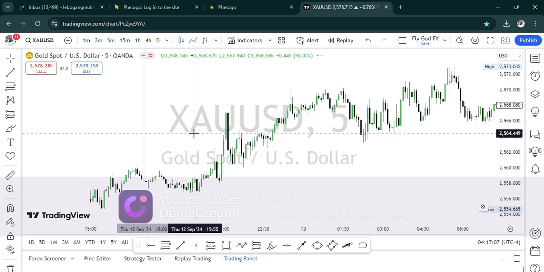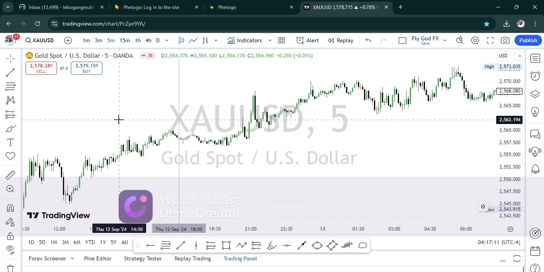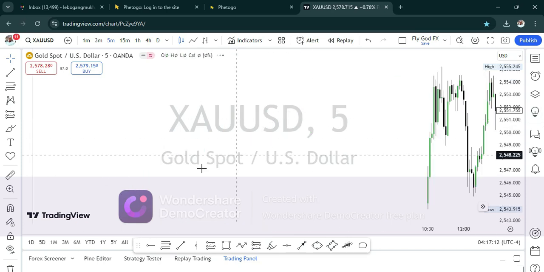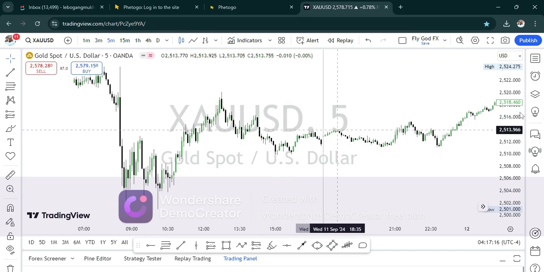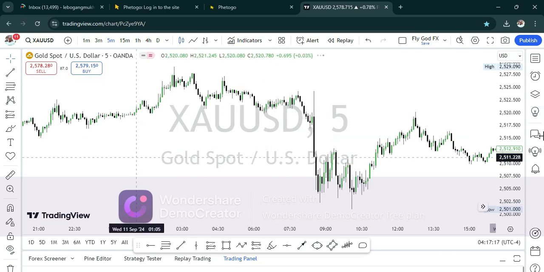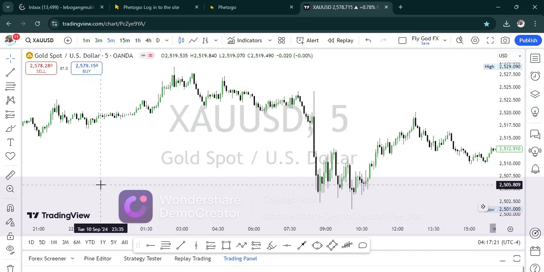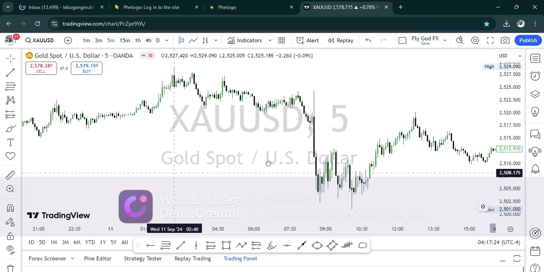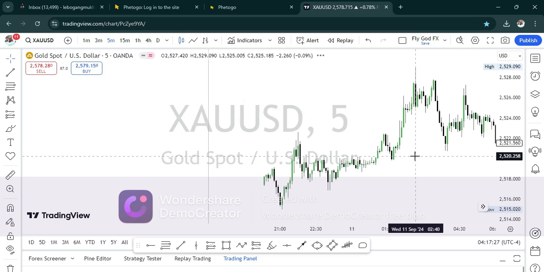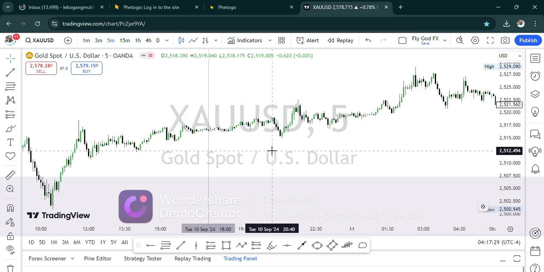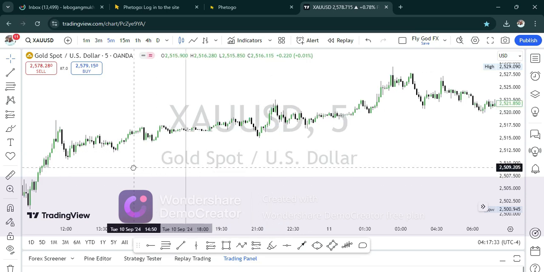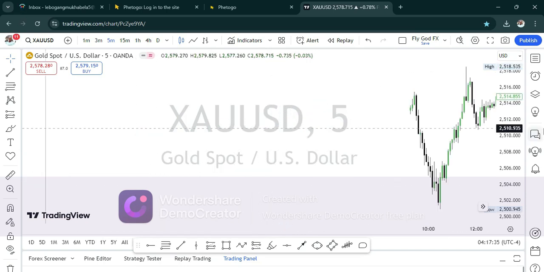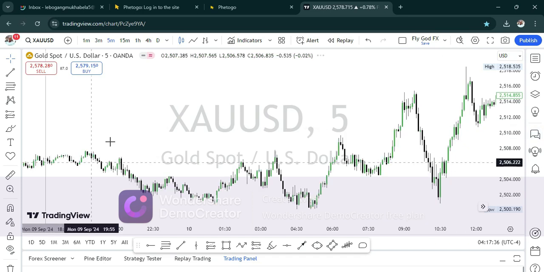Oh, my network is lagging. My network is lagging today, but I'll try to be as quick as possible because I wanted to backtest USDT, Nasdaq, gold, and Aussie dollar, but the way this network is moving today, I'm just gonna stick to gold.